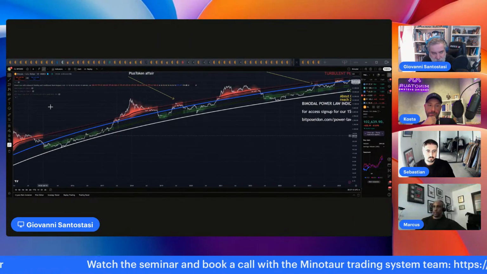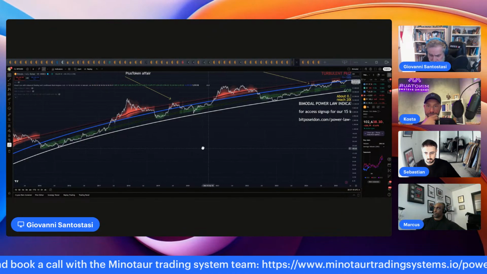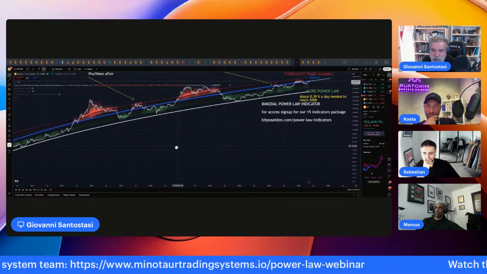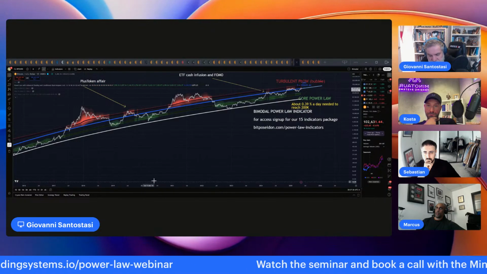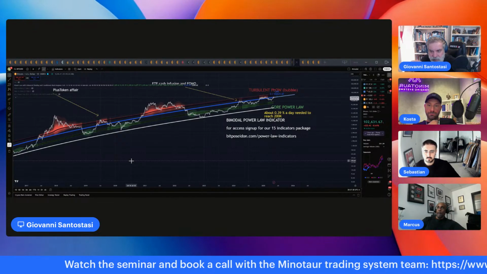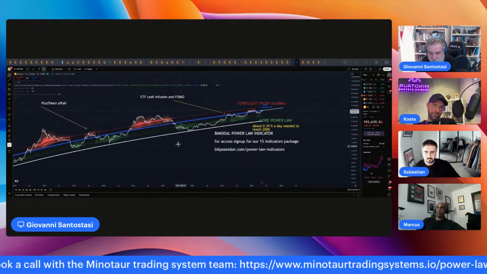I take the log of y, I take the x of time, and it looks curved. But if we plotted this on a chart where we also take the log of time, it would look straight. That linearity means something. This is the important element of the power law.